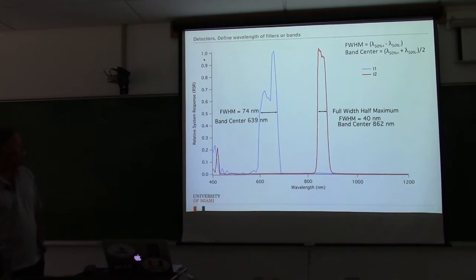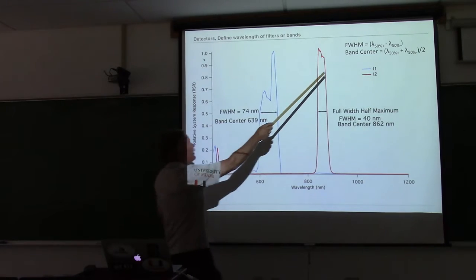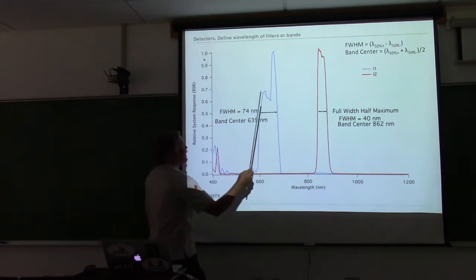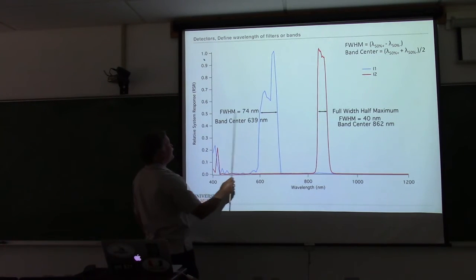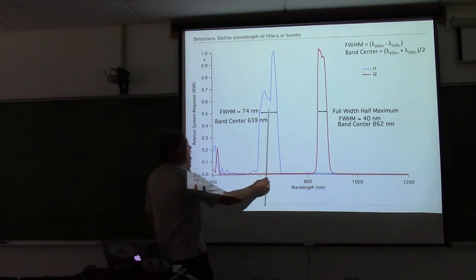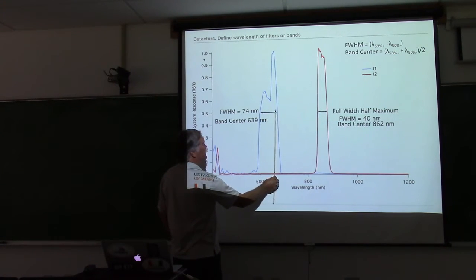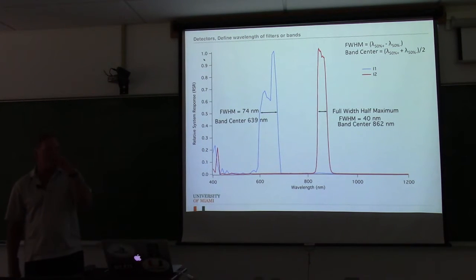When we talk about the wavelength of a filter or of a measurement, the term we use is the full width at half maximum. You take the peak and find where 50% of that peak is, find the wavelength there and the wavelength there, and the full width at half maximum is the difference between this wavelength and that wavelength. That tells you how broad the filter is.